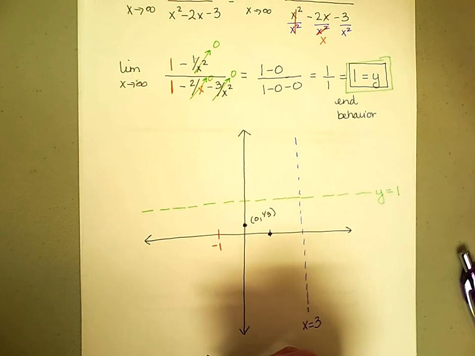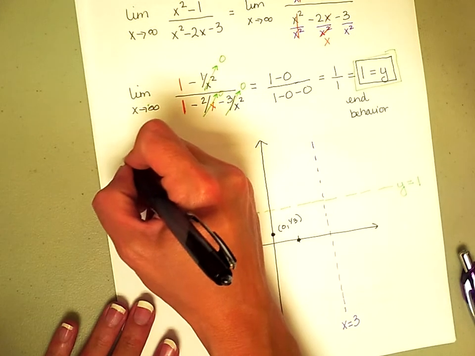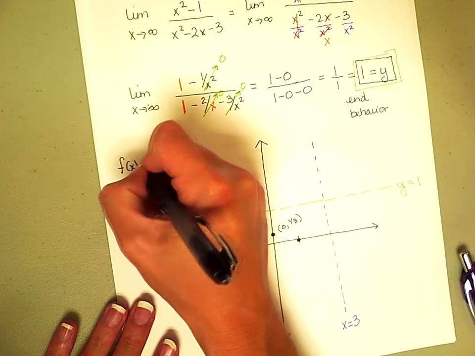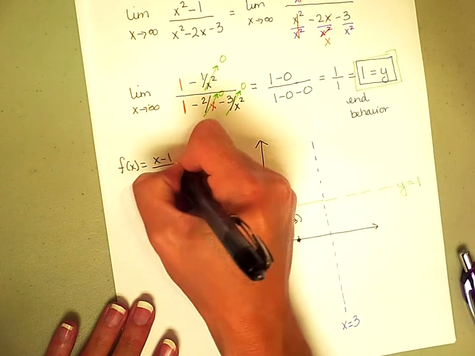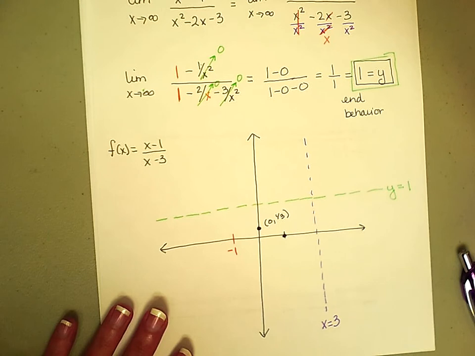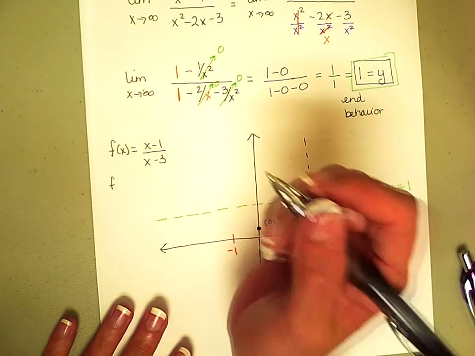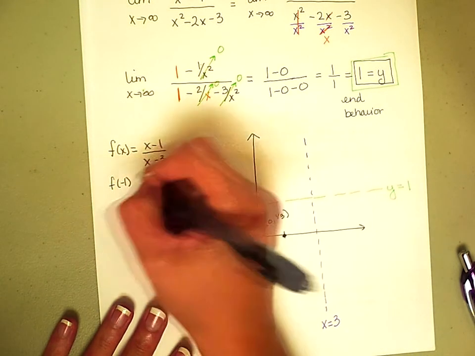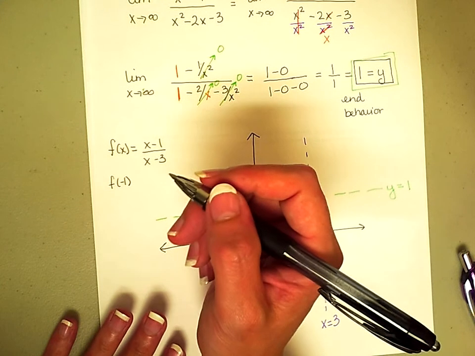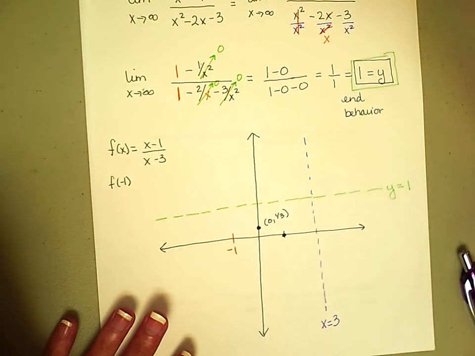So perhaps to see this, let's look at our simplified function, f of x is equal to x minus 1 over x minus 3. Then in this case, f of negative 1 exists.